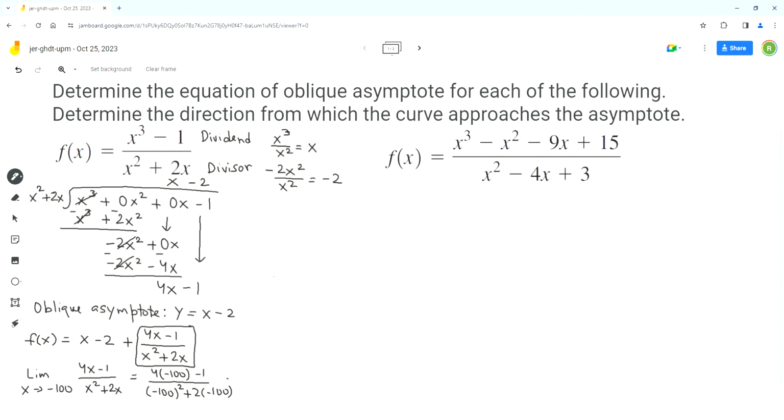Now we can simplify this expression. 4 times -100 is -400 and minus 1 is -401, over, in the denominator, (-100) squared is equal to 10,000 and 2 times -100 is -200. So 10,000 minus 200 is 9,800. So we will end up with a negative value. That means on the left side, the curve approaches the asymptote from below.